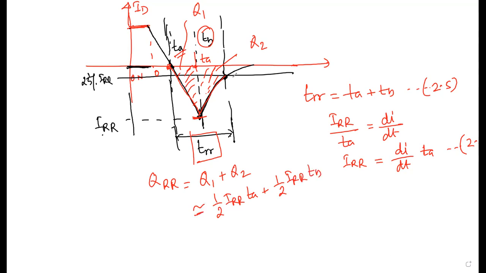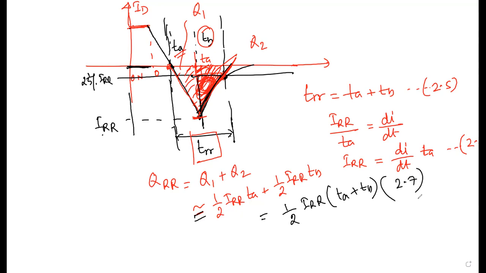Because look here, we have taken this whole triangle, and we have taken this triangle, but actually it should be only this part. That is why we write almost equal. So with this one, we can write half IRR times TA plus TB. So this is your equation 2.7.